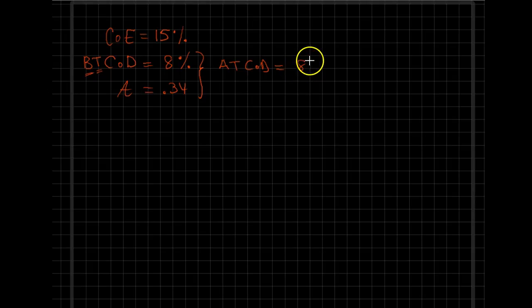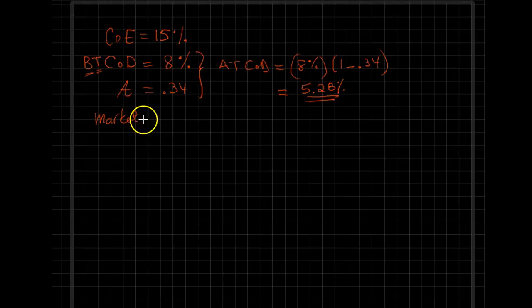It would be 8% times (1 minus 0.34), and this should come out as 5.28% after-tax cost of debt. Crucial information: the market to accounting book ratio is equal to 1.